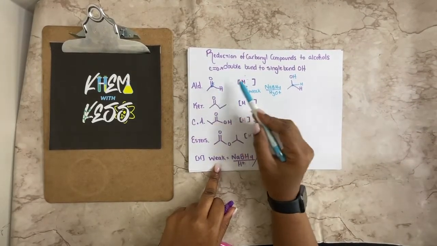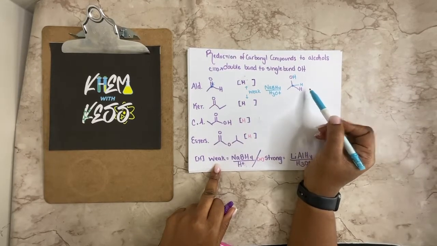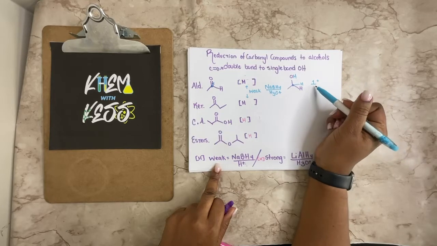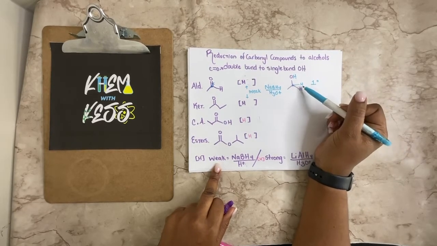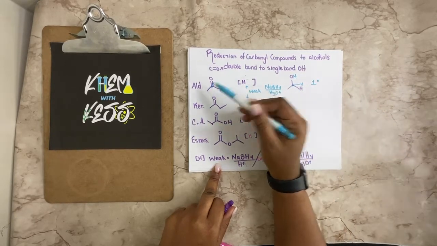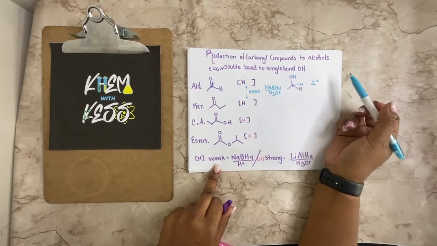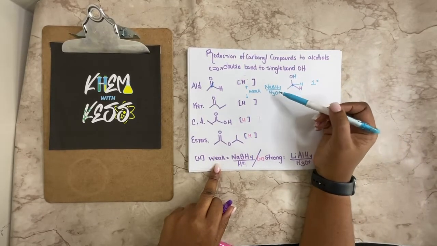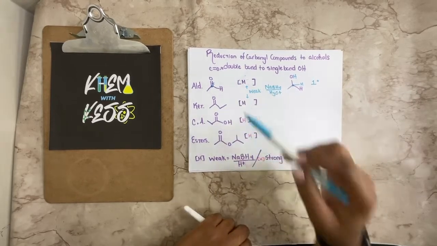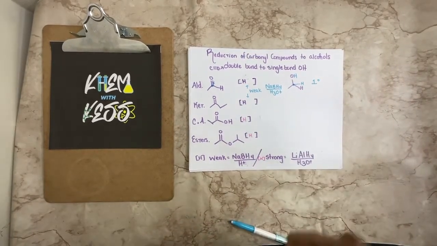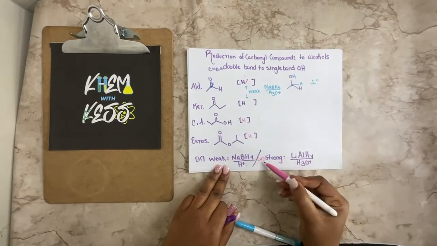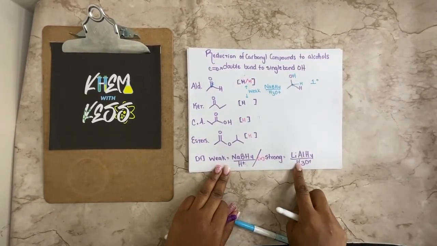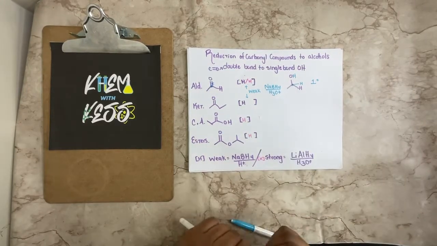An aldehyde can reduce to a primary alcohol. Before, when we learned oxidation, if I have a primary alcohol and use PCC going this way, I can turn it into an aldehyde. I also want you to understand that NaBH4 is not the only thing that can work on aldehydes. We can use the LiAlH4, which I'm denoting by putting it in pink. We can use the strong one, the LiAlH4, here as well.